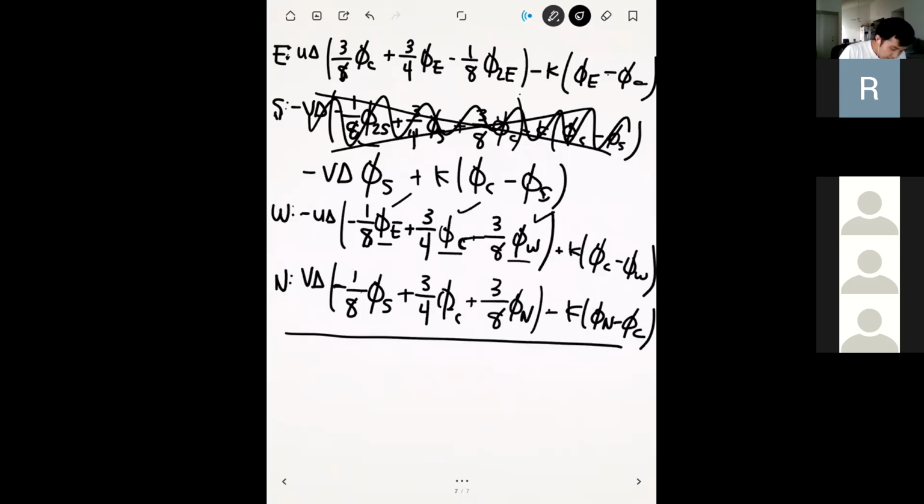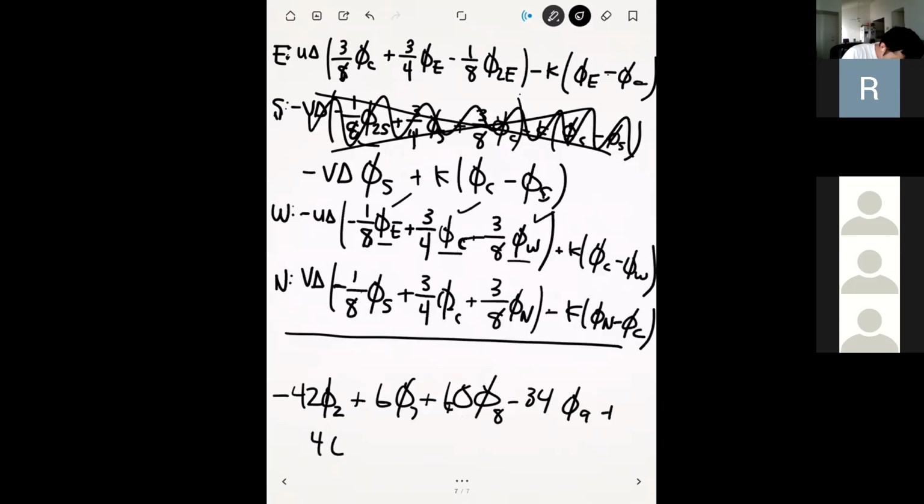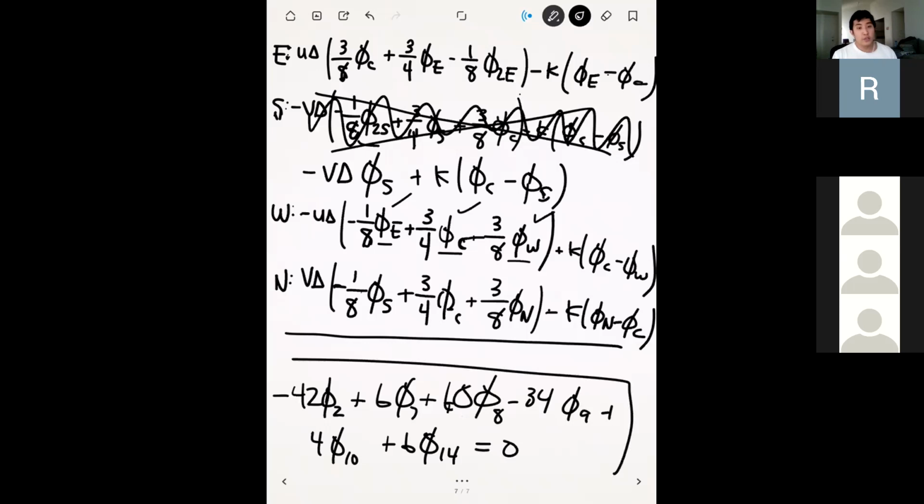And then what you get after you plug everything in is minus 42 phi 2 plus 6 phi 7 plus 60 phi 8 minus 34 phi 9 plus 4 phi 10 plus 6 phi 14, all that's equal to 0. So here's the algebraic expression for cell 8 to evaluate the convection and diffusion terms.